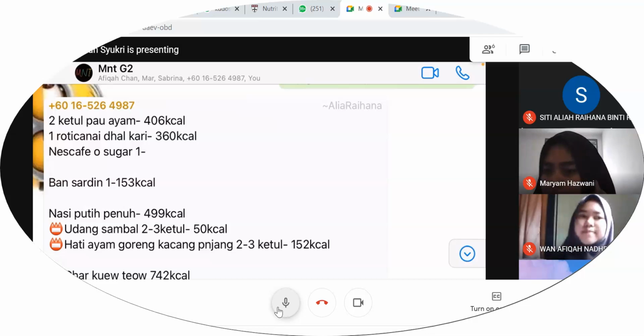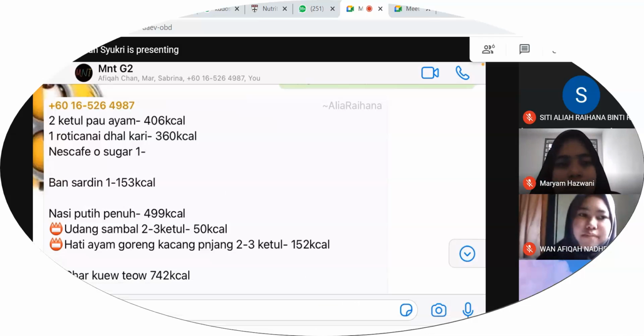Okay. So first for breakfast, he consumed 2 pieces of pau ayam, and pau ayam is high in purine because it has yeast in it, and also he consumed Nescafe.